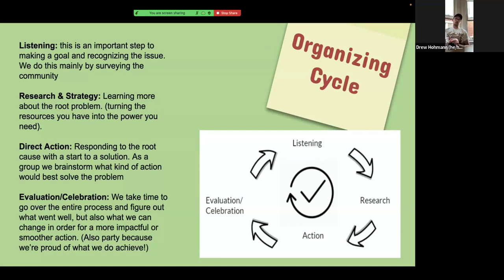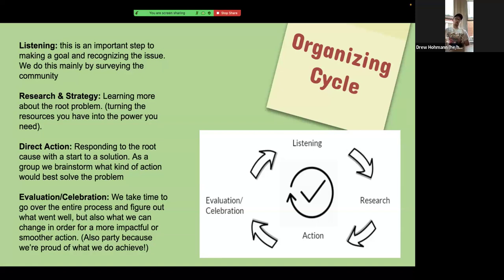What could we have done better for next time? And then there's that celebration part of it, because it's really hard work. It's really draining. No matter how your action turns out, you need to spend that time with your team and pat yourselves on the back and realize, hey, it was hard to do this and we should be proud of ourselves for doing it.